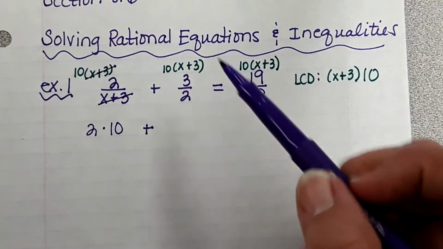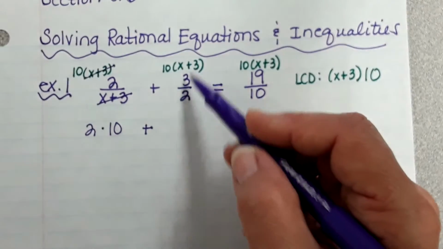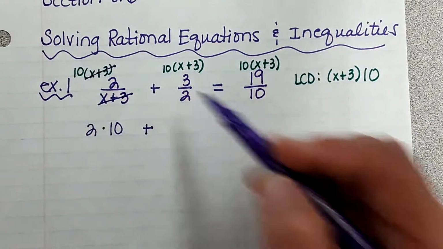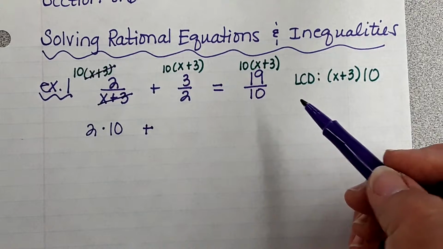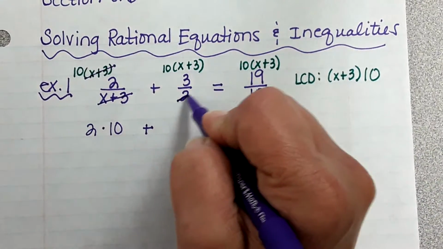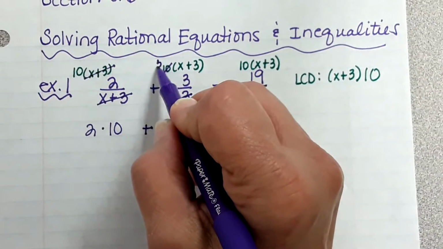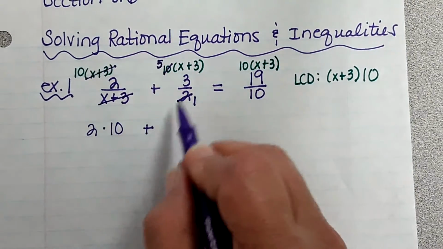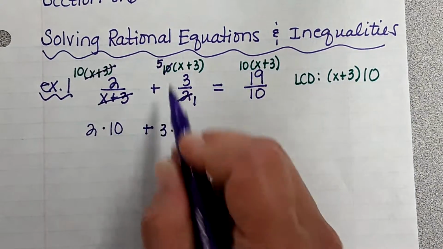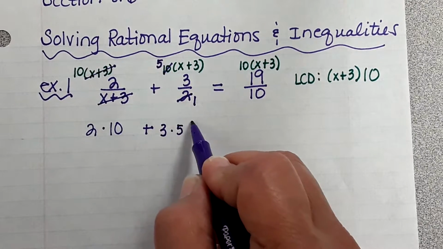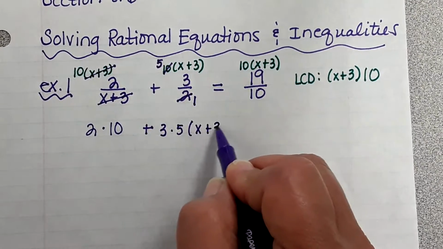On this side, what can I cancel out? For this fraction, what cancels out? The 2 and the 10. So 2 goes in the 2 once, 2 goes in the 10 5 times. So I have 3 times 5 times x plus 3.